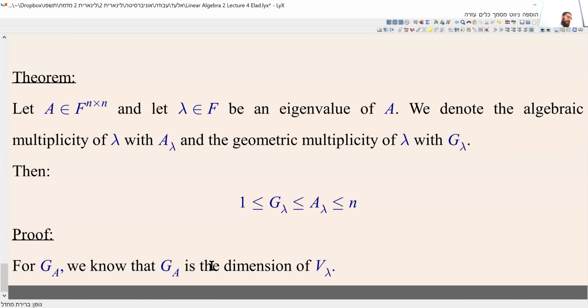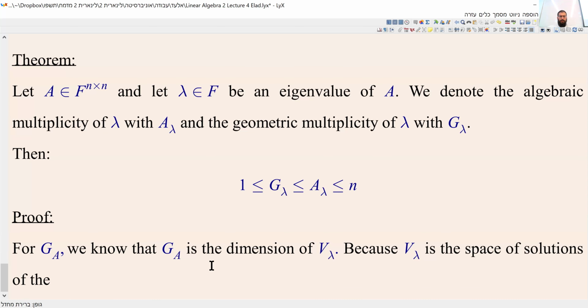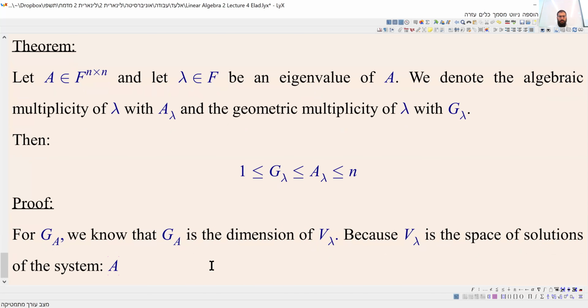Now, generally speaking, a vector space can be the zero space, so its dimension can be zero. But when we speak about the dimension of the eigenspace V lambda, it is always greater than zero. It is at least one, because V lambda is the space of solutions of the system Av equals lambda v, that we call the eigenvectors.